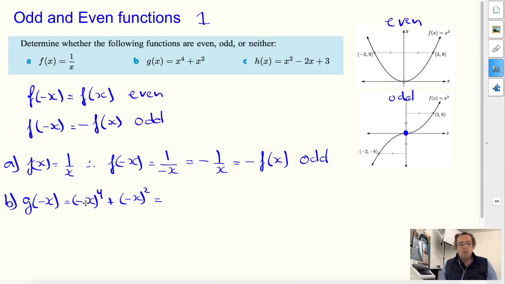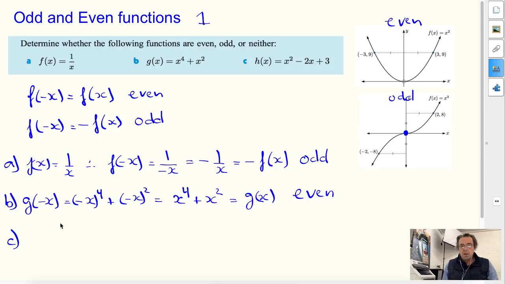Now we know that a negative to an even power turns out to be positive, so it's the same as x to the power 4, and here even power as well, so it's the same as this, which turns out to be g of x. You see, it's written there. So g of negative x is the same as g of x, which makes this an even function.